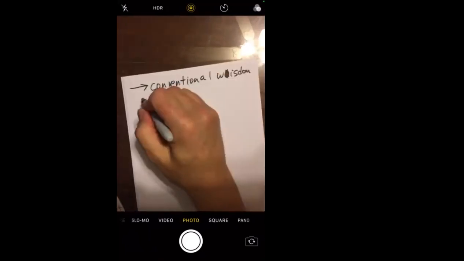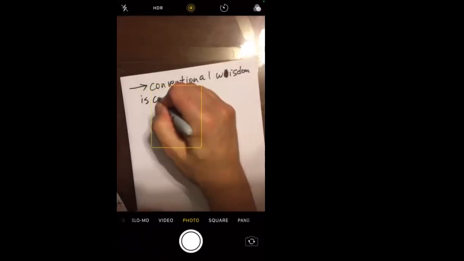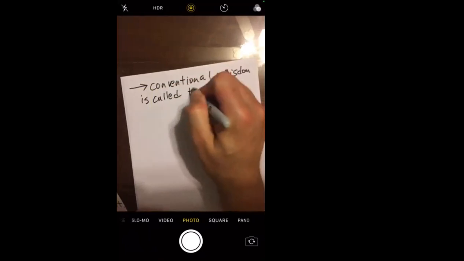That's the phrase I'm thinking of. Conventional wisdom is called the null hypothesis.